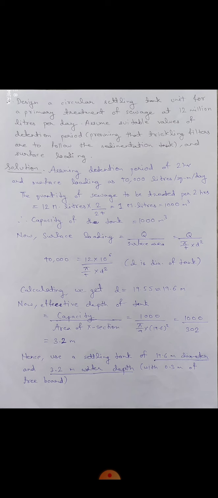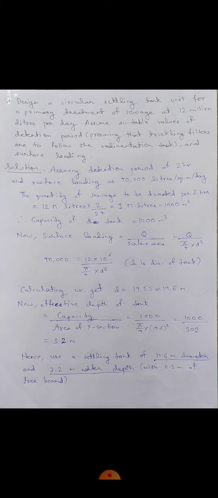It can be assumed as 2 hours. For plain sedimentation it can be assumed as 1 hour. For this case it is assumed as 2 hours, and surface loading as 40,000 liters per square meter per day. So these are the initial values which you have to assume.